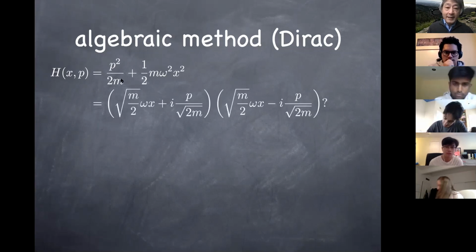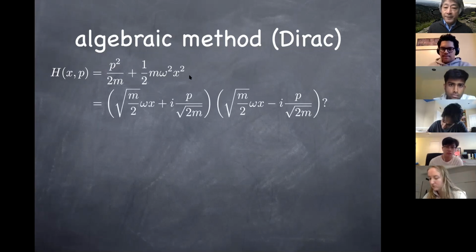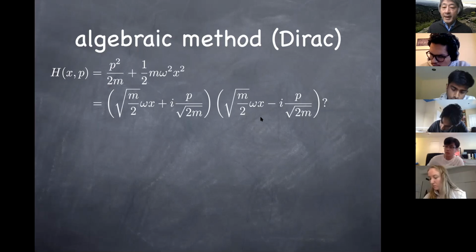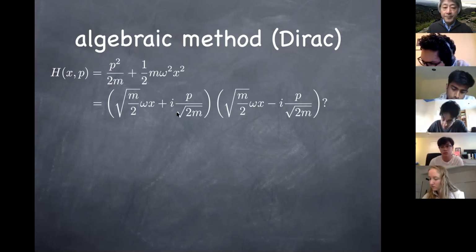Classically, if you look at something given by the square of one thing plus the square of another thing, you can immediately write it as a combination: if this is a squared plus b squared, I can write it as (a minus ib) times (a plus ib), which recovers a squared plus b squared. So classically, I can take this form of the harmonic oscillator, which is a sum of squares of x and p, and write it in terms of basically (x minus ip) times (x plus ip).